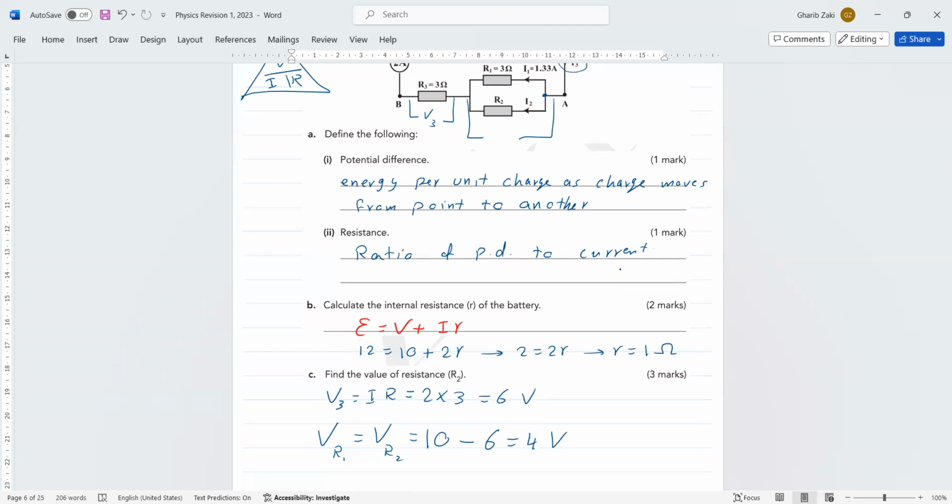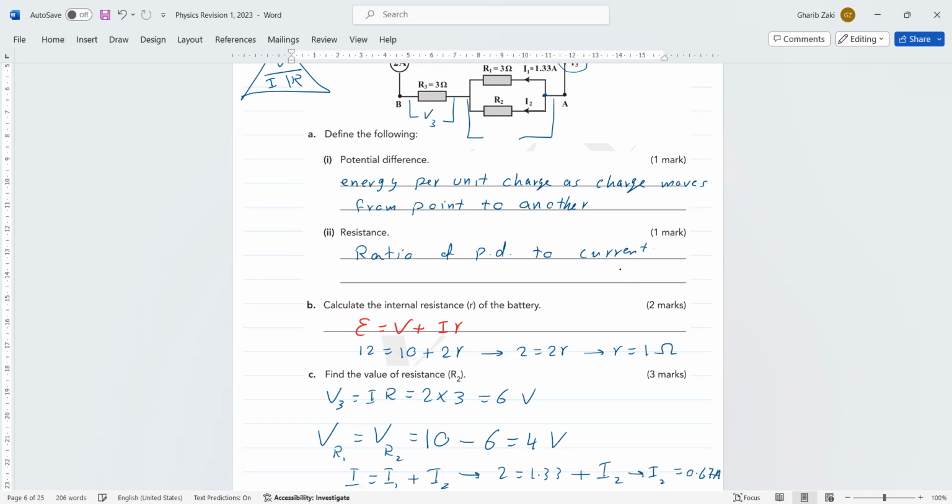To get R2, we need I2. How can we get I2? By using Kirchhoff's first law. The current in equals I1 plus I2. I is 2 ampere. I1 is 1.33 plus I2. So I2 equals 2 minus 1.33, it is 0.67.